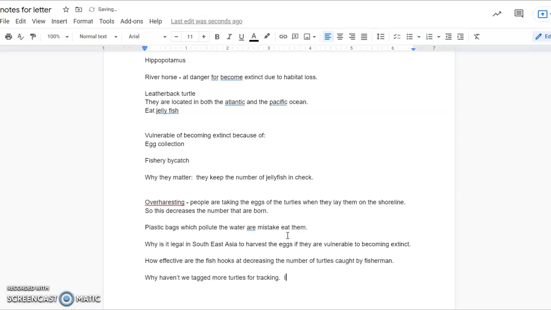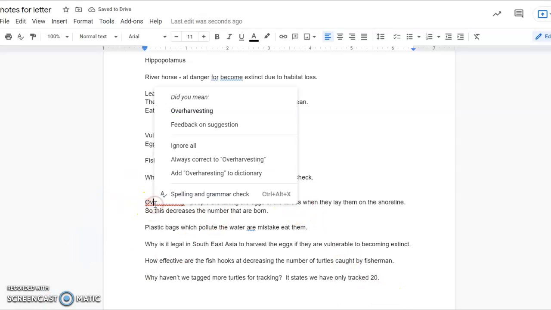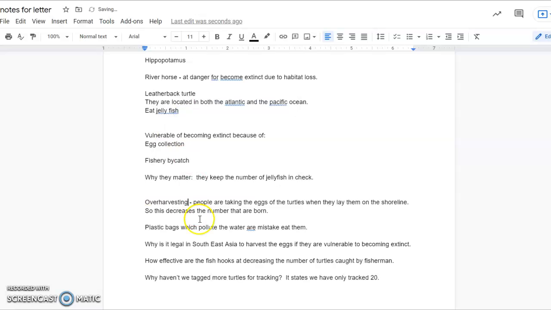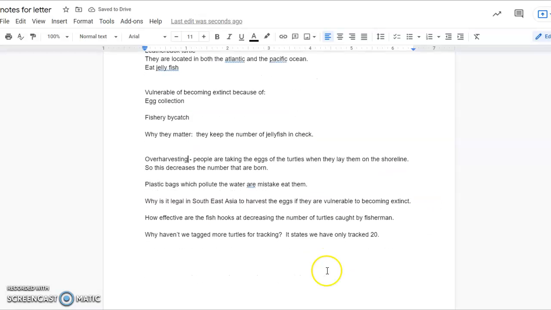It states we have only tracked 20. Okay. And there's more information in here that I could gather, but this is a great start for now.